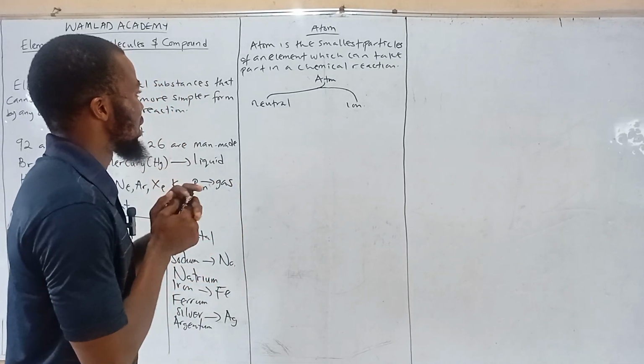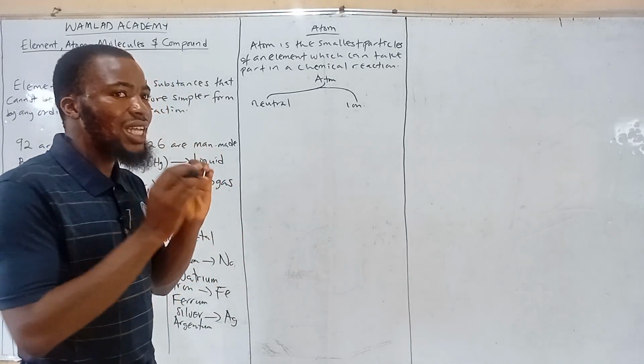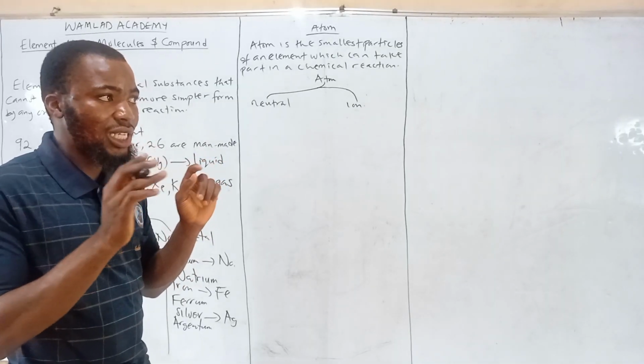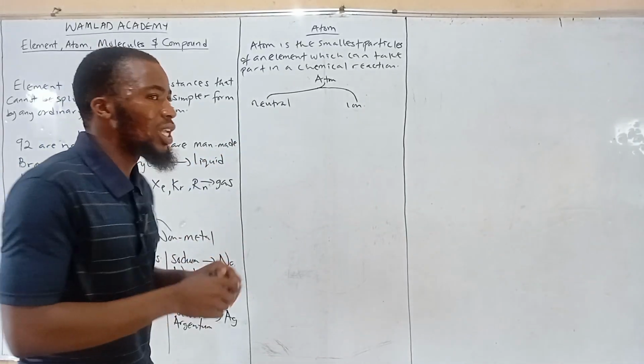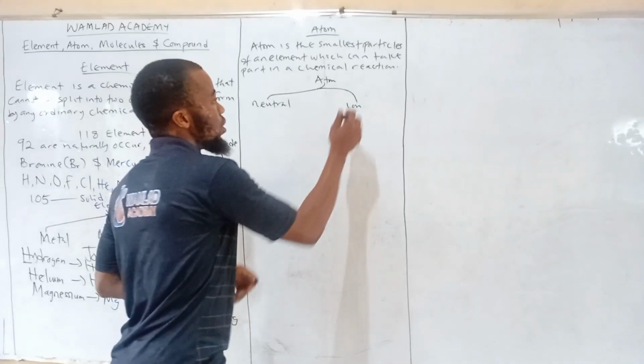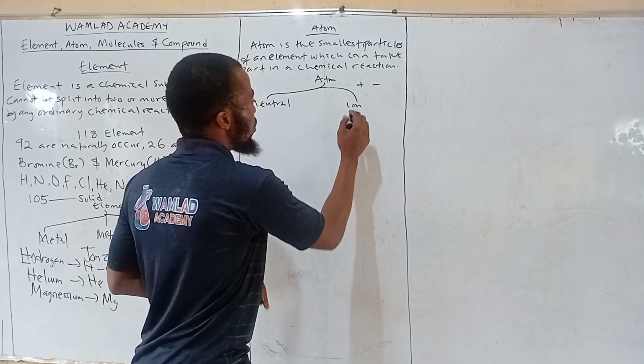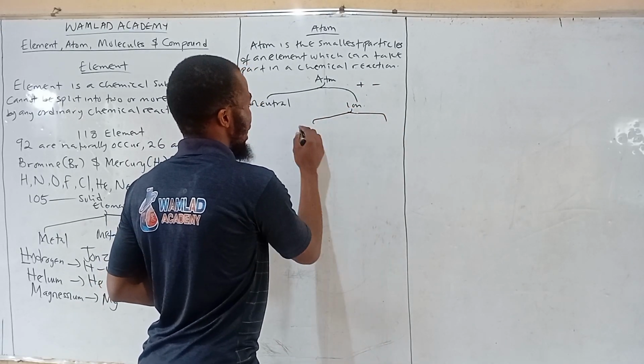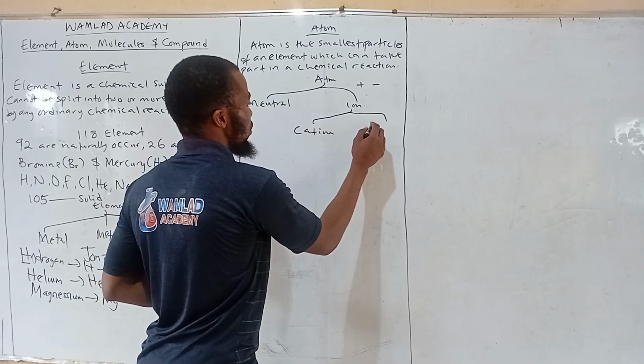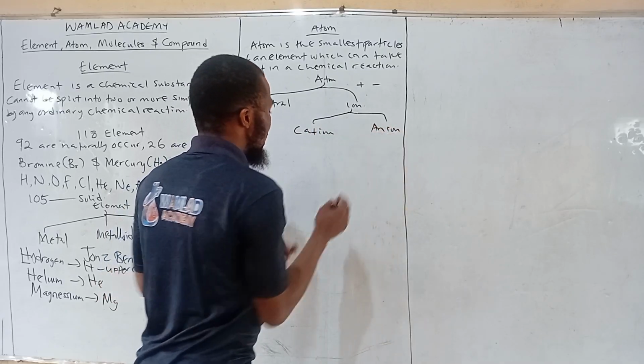A neutral atom is an atom without any charges. But when it carries charges, positive or negative, we call it an ion. And this ion is also divided into two: cation and anion.